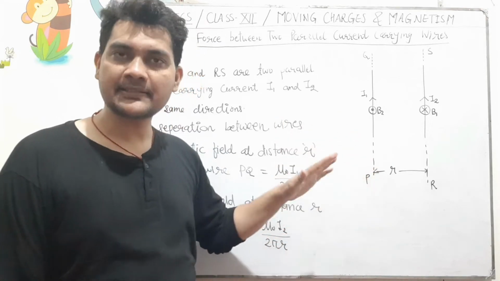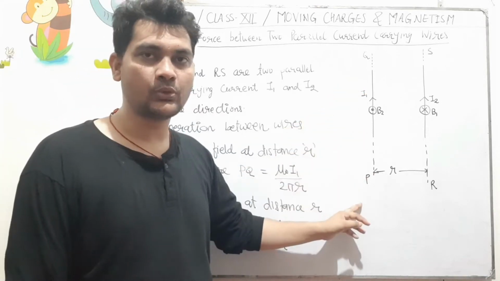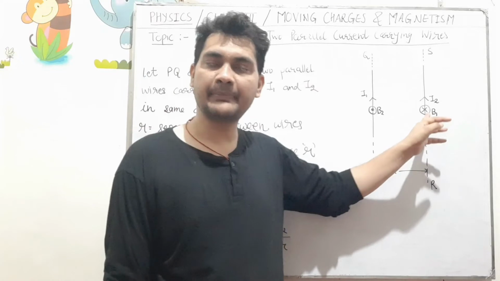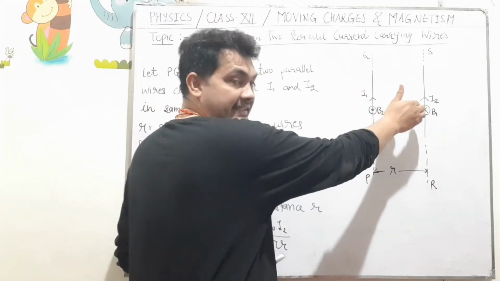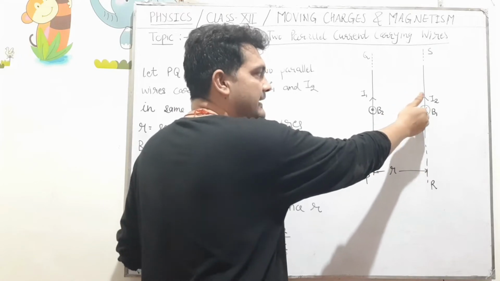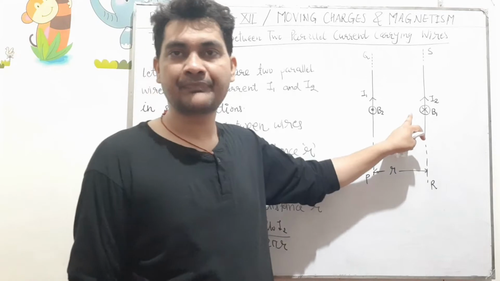So let us assume the magnetic field due to wire PQ at a distance r is B1, and using the right hand thumb rule we can see that the magnetic field is inward to the plane of the board, and the inward direction is represented by a cross sign.